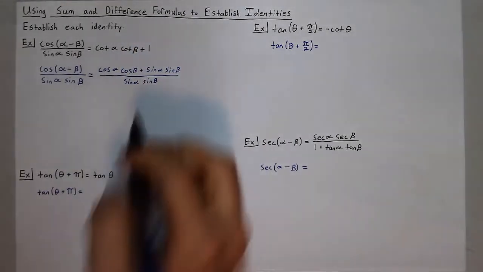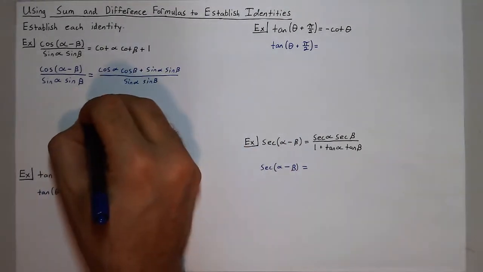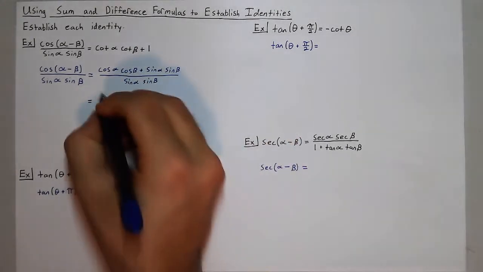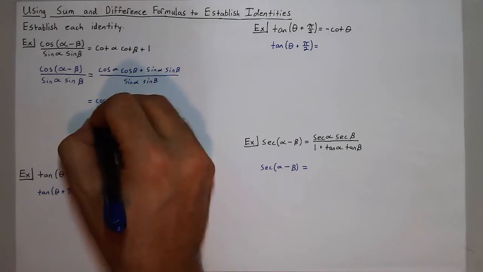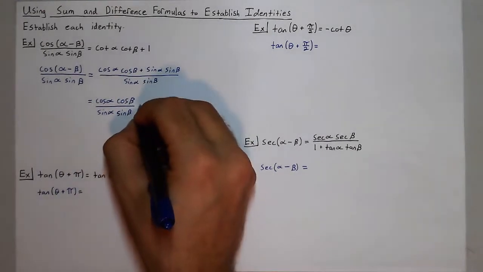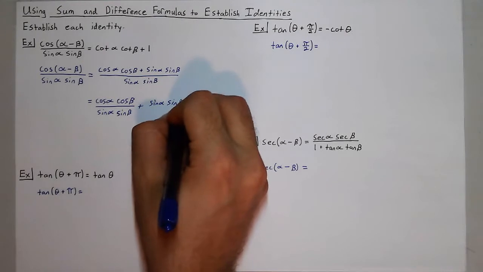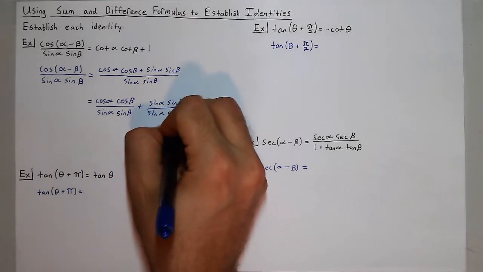Now I can see here I'll get cosine over sine, so that'll help me get cotangents. So I can divide both of these terms by sine alpha sine beta. So I'll have cosine alpha cosine beta over sine alpha sine beta, plus sine alpha sine beta all over sine alpha sine beta.